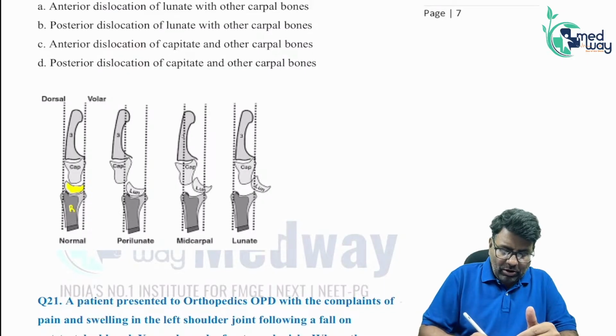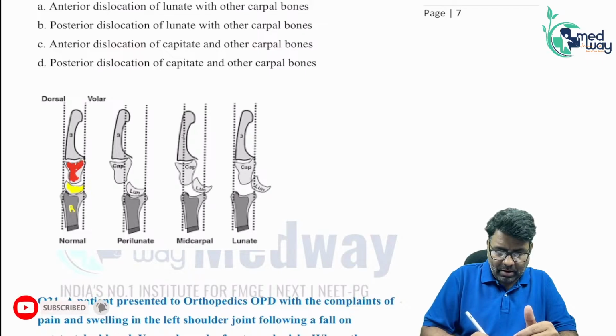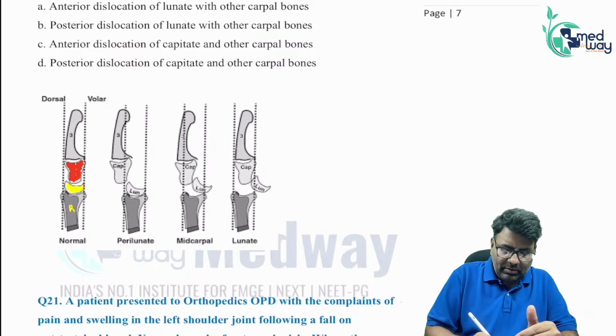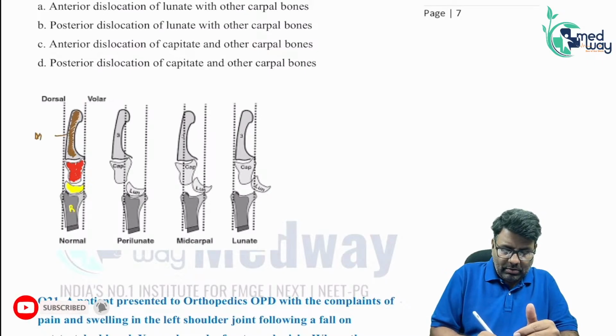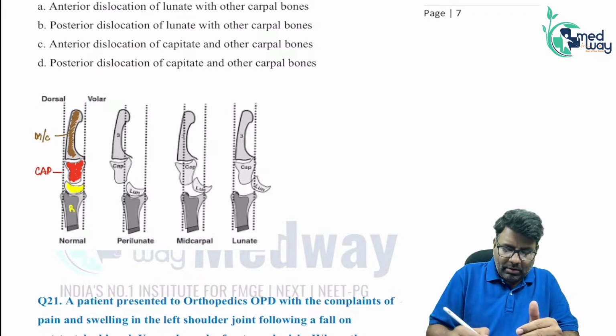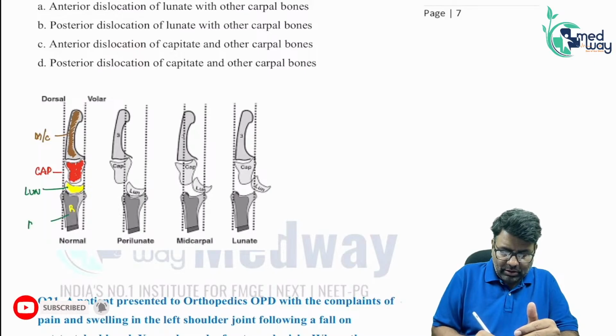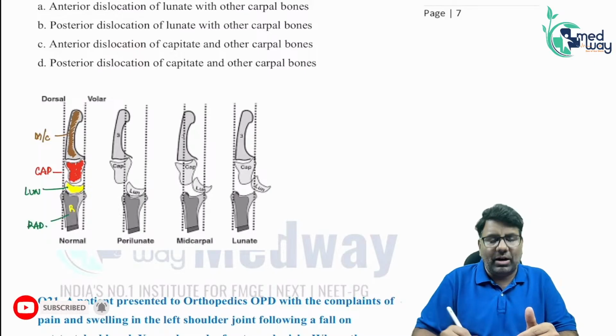Then distal to lunate is the capitate bone, and the capitate articulates with the metacarpal. This is the metacarpal. This is capitate. This is lunate, and this is of course the distal radius.